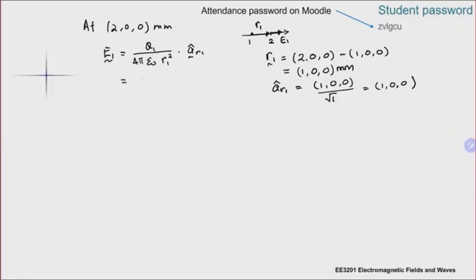It will be 0.5 times 10 to the minus 12 over 4 pi times 8.854 times 10 to the minus 12 times 10 to the minus 3 squared, times 1, 0, 0.